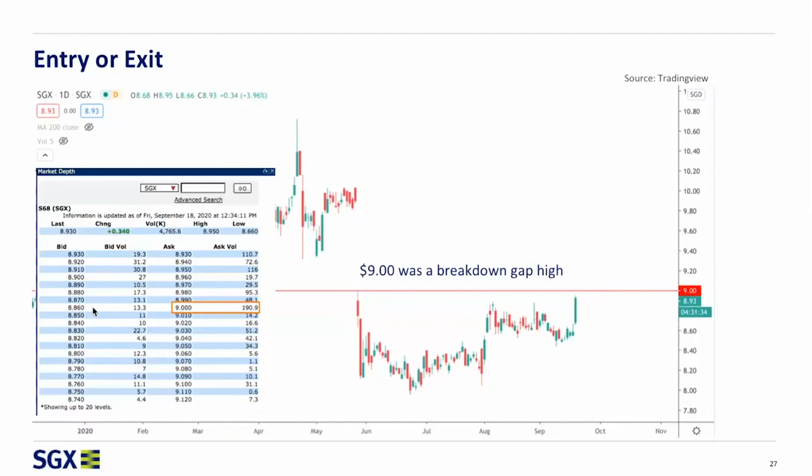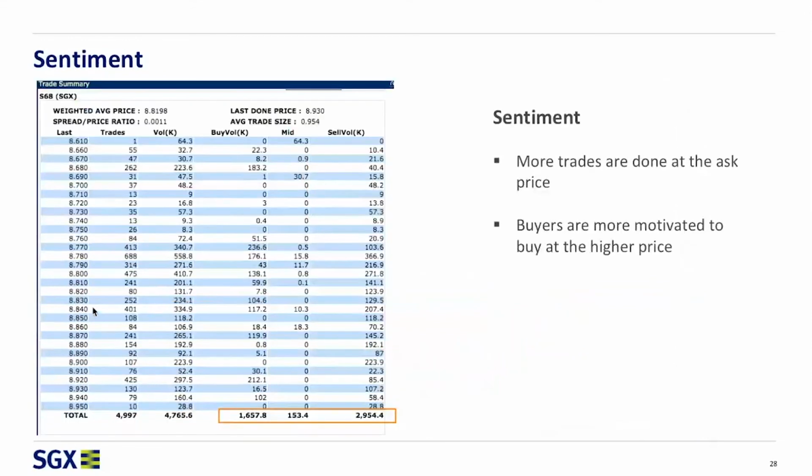Now with the trade summary, we are also able to form an opinion of that particular day's trading by looking at the volume traded at the ask side versus the bid side. So let's take a look at what happened for SGX on Friday. If you take a look at the Friday trading volume, we have more volume trading at the ask side, meaning that buyers are not willing to wait.